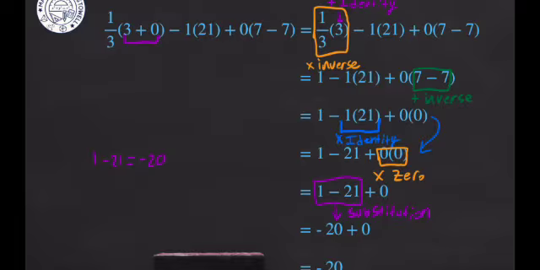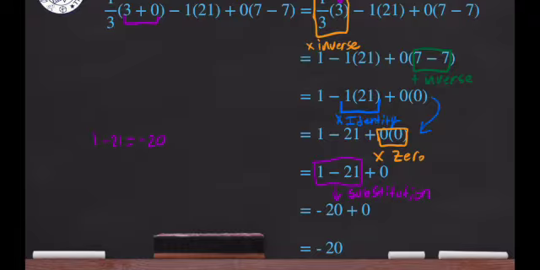So that would be a property that we could use there. Yes, we subtracted, but technically we are substituting, taking the place of whatever the 1 minus 21 was. And lastly, this negative 20 plus 0, it doesn't change it. So this is the addition identity. Just being able to recognize which property we are using when.